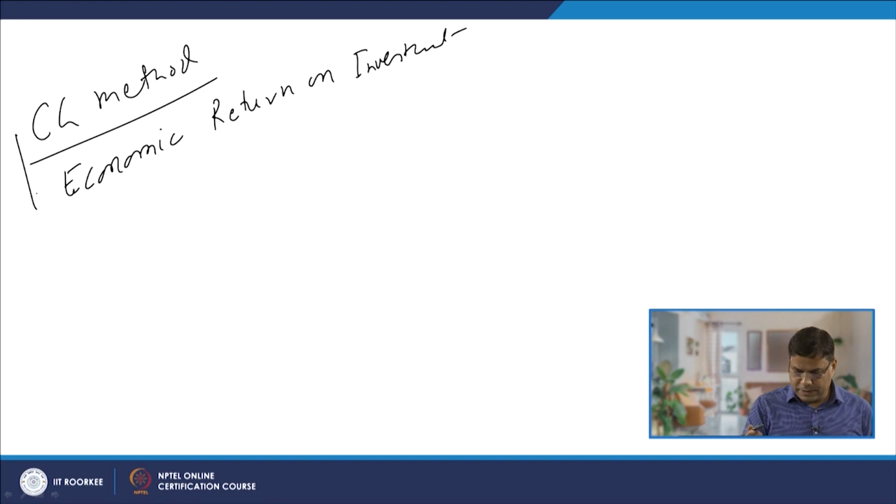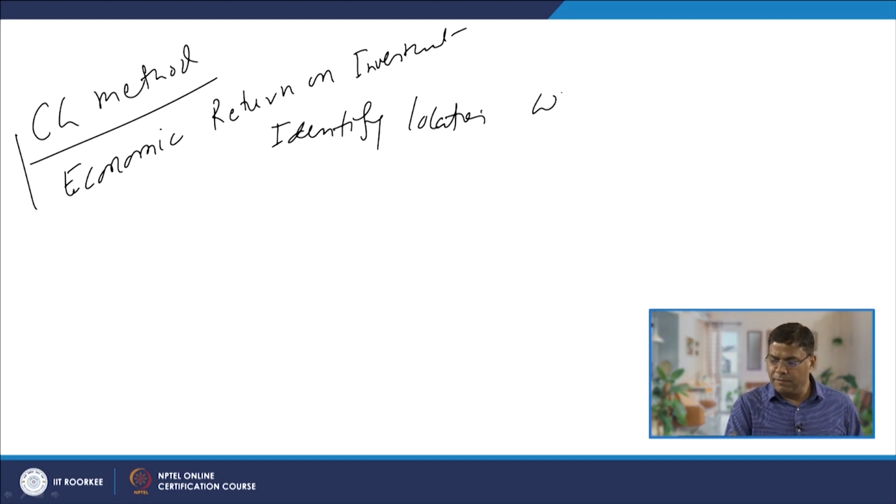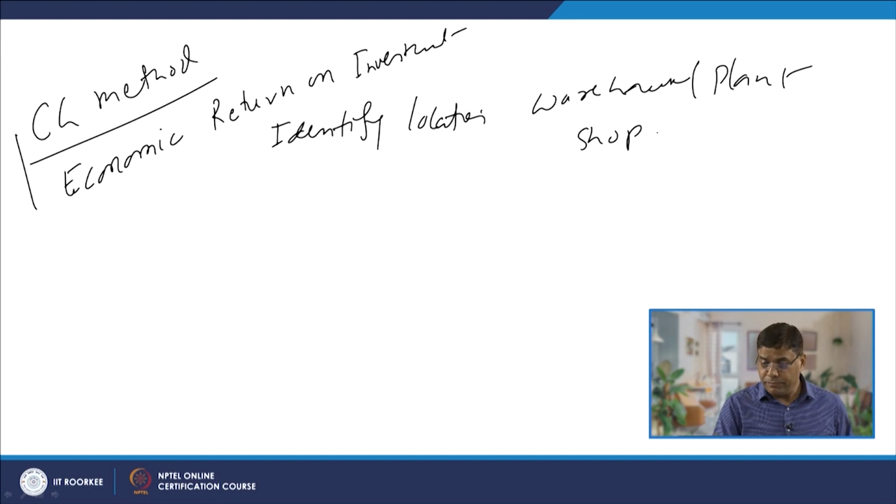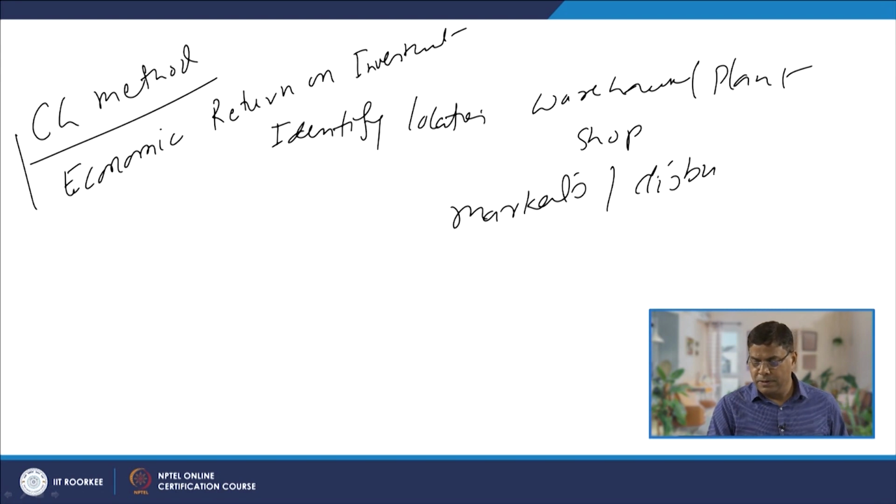So, here the CG method is used to identify the location where a warehouse or a plant or a shop can be located, so that it is close to the markets, close to the distribution points or close to the customer base.